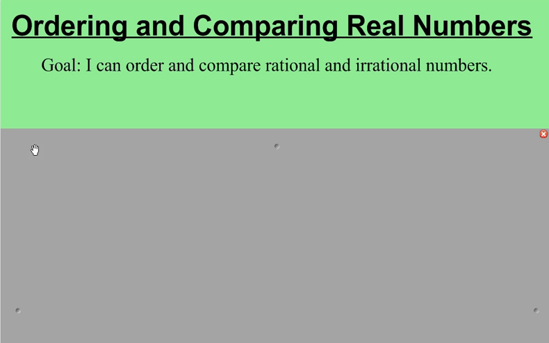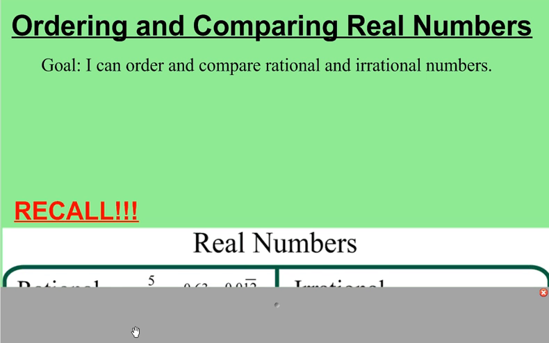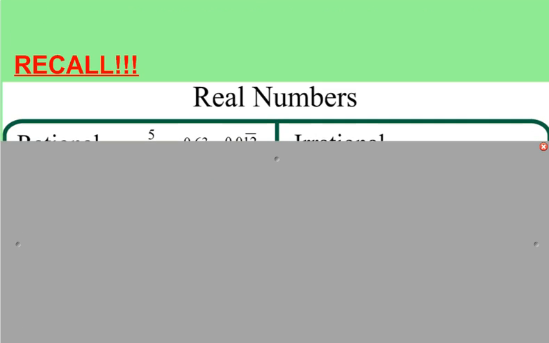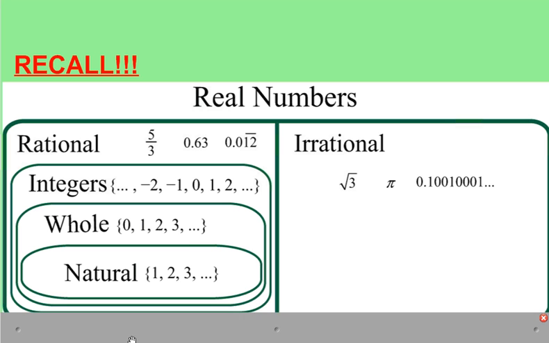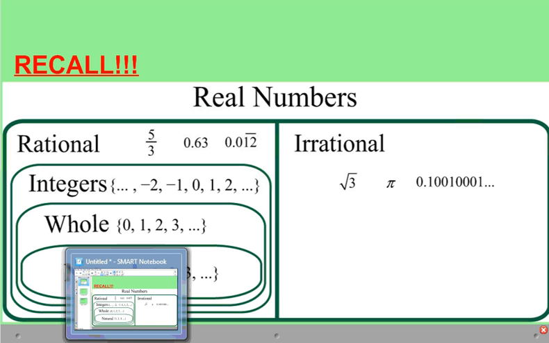So just to recall, here is a chart about real numbers, the rational and the irrational. Rational numbers include pretty much all the numbers we use on a daily basis.